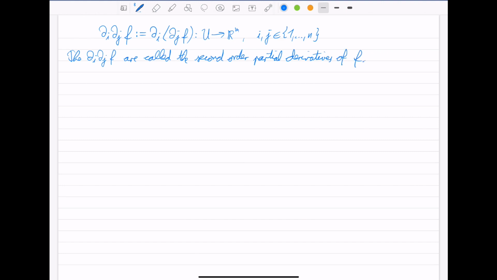Okay, and now I can even straighten out my terrible underlining. Now it's straight. Wonderful. So these are the second order partial derivatives of f.